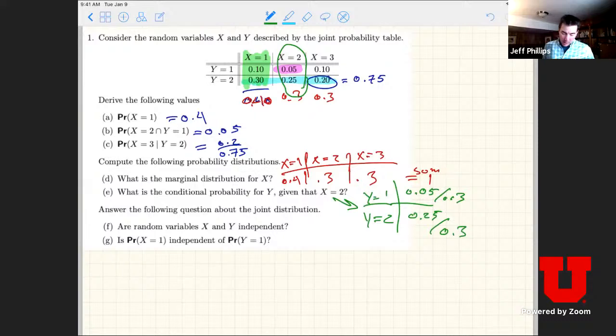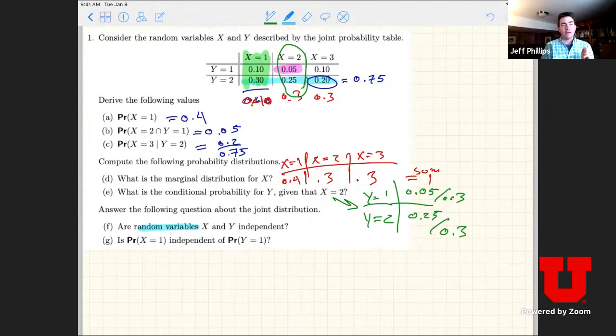Okay, are random variables X and Y independent from each other? Independence is a really important concept in class. We're looking at random variables now. For this to be true, it has to be true for all possible events, and that's not going to be true in general here.